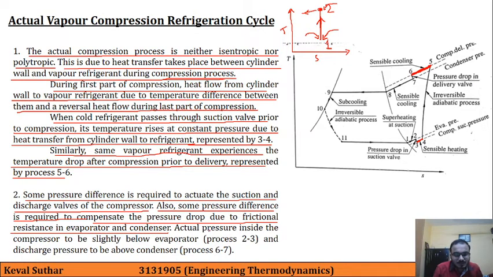So here the actual pressure inside the compressor is slightly below the evaporator pressure, that is shown as process 2 to 3 that happens in the suction valve, and the discharge pressure is above the condenser pressure, that is 6 to 7. So this is the necessary part for actuating the suction and discharge valves of the compressor.